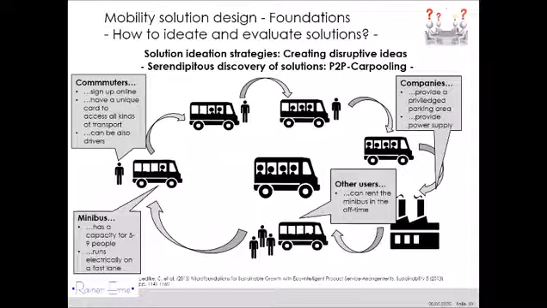Imagine if you have publicly owned minibuses which carry from 5 to 9 people, and where people can sign up online, have a unique card to access all kinds of public transport, and can act as passengers but also as drivers. Then you might devise a system or model where the minibus picks up the people commuting to work, go to work, and in the idle times, these minibuses could also be used by other users.